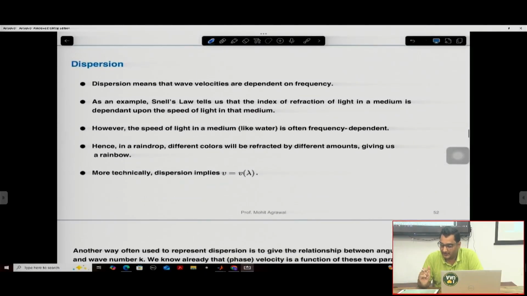So dispersion we were talking about. We discussed that dispersion is basically the velocity of the surface waves varying with frequency, or with wavelength, or with period. It is similar to the phenomenon of light.